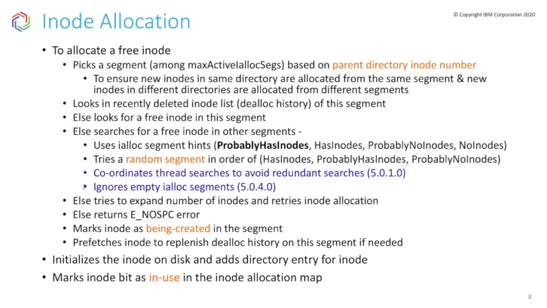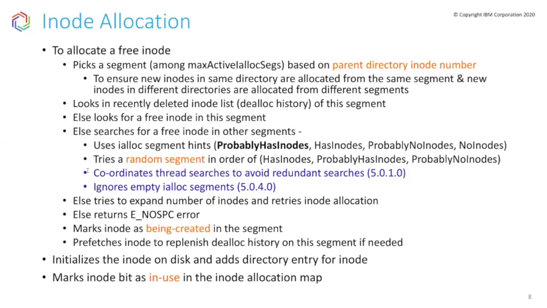And then it is up to the async recovery, which I mentioned before, which would be scanning the Inode Allocation Map to clean it up. So when it finds something with being created, it will clean up that bit state so that inode becomes available for use again. So this is in short what really happens with inode allocation.